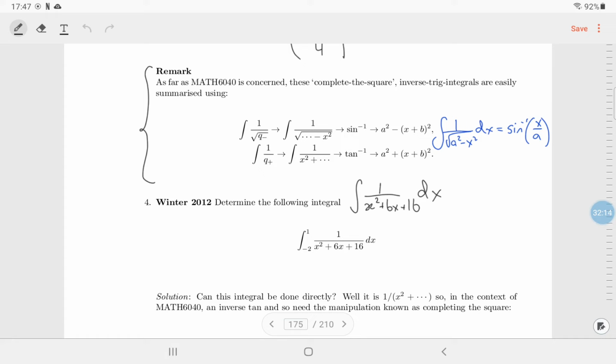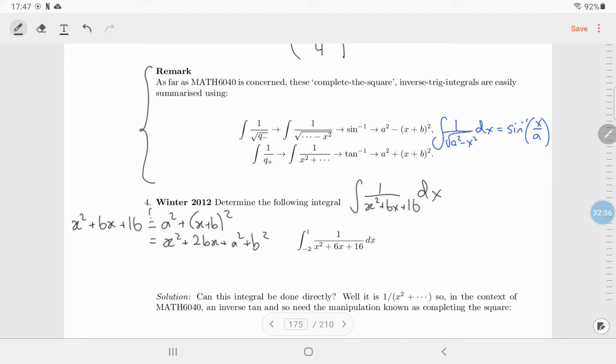So you're trying to say that x squared plus 6x plus 16 is equal to (x plus b) all squared plus a squared. That gives you x squared plus 2bx plus b squared plus a squared.